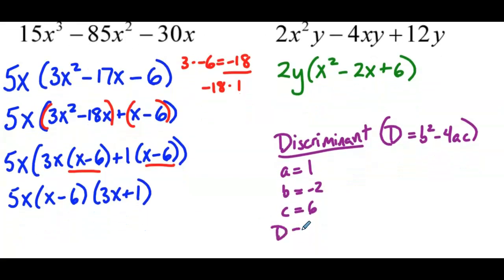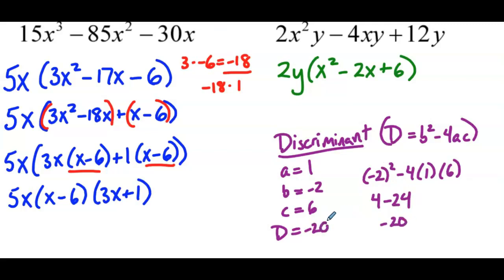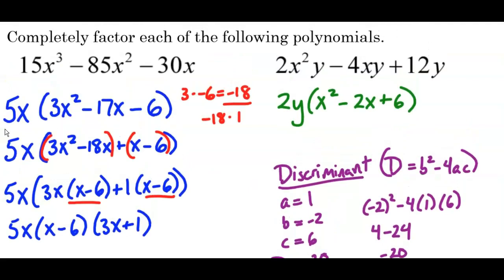So what's our discriminant going to be? b squared, so that's negative 2 squared minus 4 times 1 times 6. So that's 4 minus 24, which is negative 20. Not a perfect square, so we know that this quadratic is not factorable, if we want to be really sure.